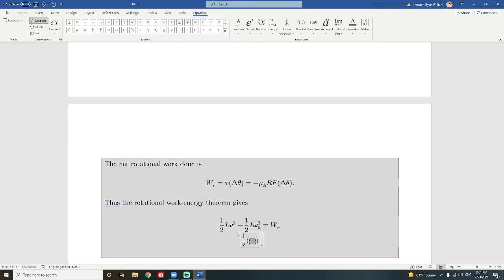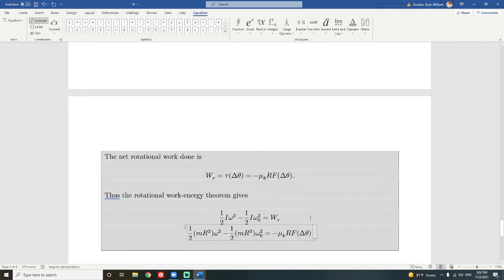We said we were going to model the pot as a hollow cylinder, which means its moment of inertia is just mr squared. And then omega squared is what we want to solve for. And then minus basically the exact same term, except this is now omega naught squared. And then we had that the rotational work done was negative mu k, big R, big F, delta theta.